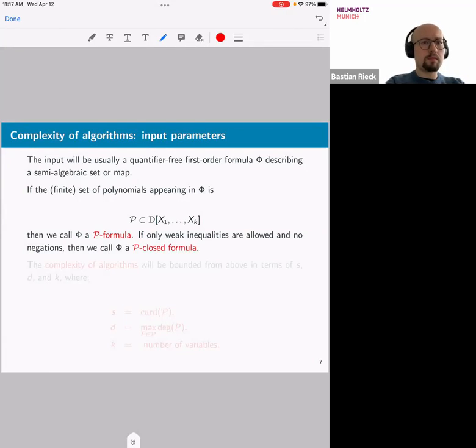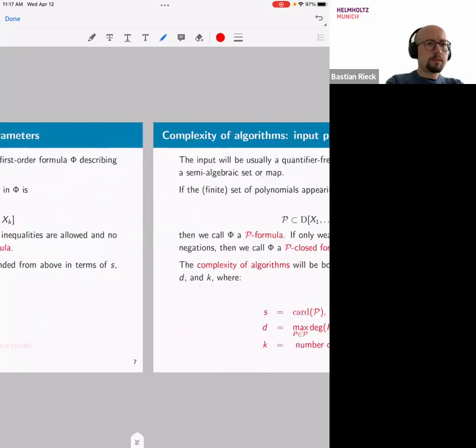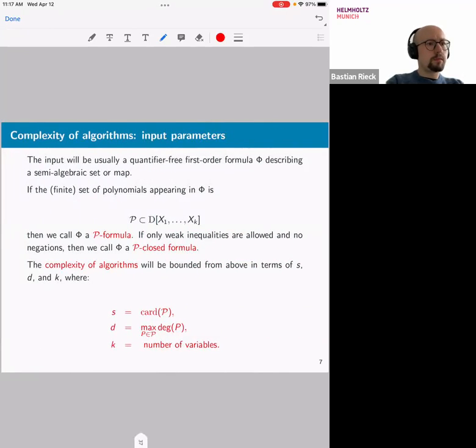So a P-closed formula only has inequalities coming from this family of polynomials P, and only weak inequalities are allowed. Typically, the complexity of algorithms will be bounded in terms of three parameters. There's a combinatorial parameter, which we'll always denote by S, the cardinality of the number of polynomials that appear in your formula.